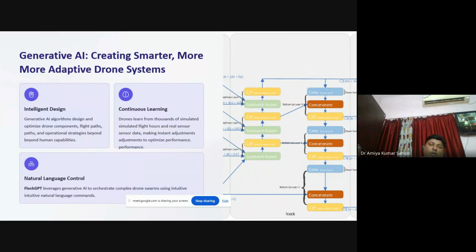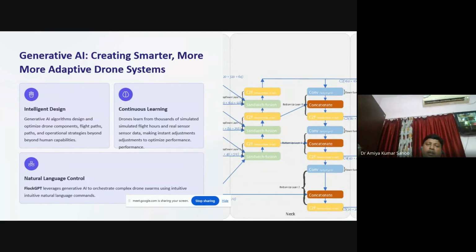It is only possible by the help of natural language control, continuous learning, and intelligent design. The generative AI algorithms design and optimize the drone components, the flight paths, and the operational strategies beyond human capabilities.